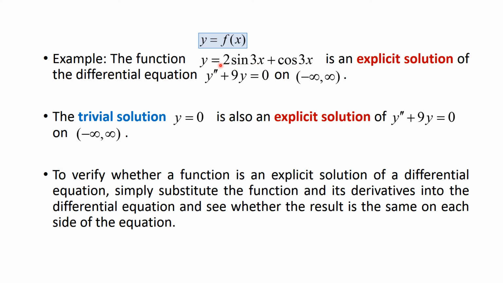So when the function is expressed explicitly in the form of y equals f of x, then this function can also be referred to as an explicit solution of the differential equation y double prime plus 9y equals 0. Similarly, the trivial solution y equals 0, where y is a linear function expressed explicitly in terms of a function of x which includes a constant, is also an explicit solution of the differential equation y double prime plus 9y equals 0.